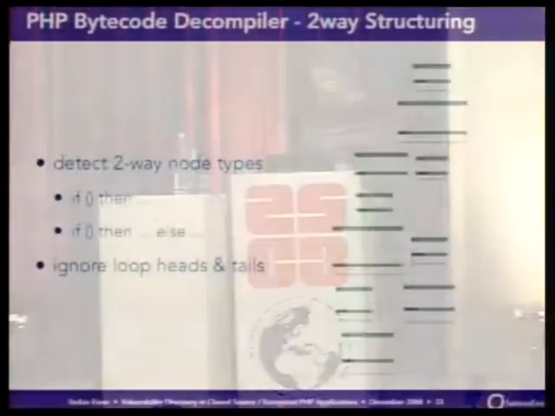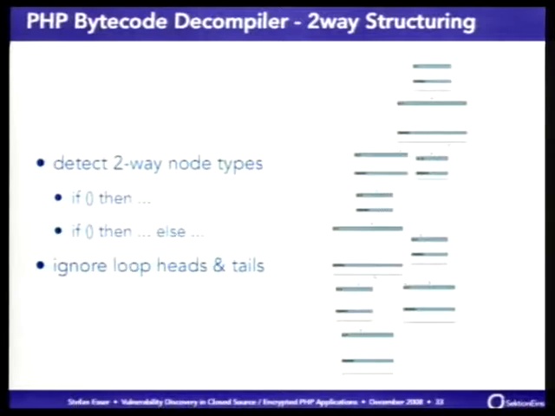You do that by checking if the follow node of one branch is actually the other node that was branching the other way. If this is the case, then it's an if-then. Otherwise, it's an if-then-else. And when you do that, you ignore all the loop heads and tails, because they already belong to a different control structure, and you don't need them anymore.